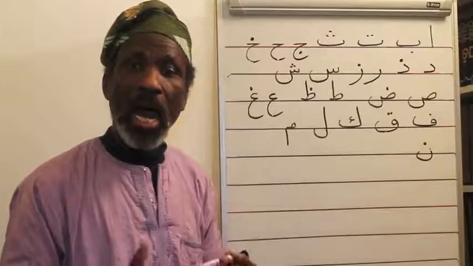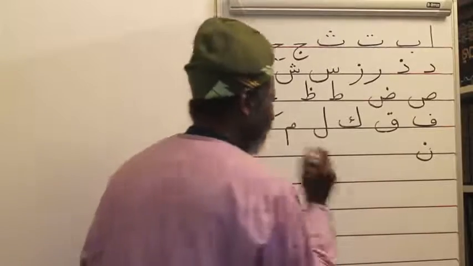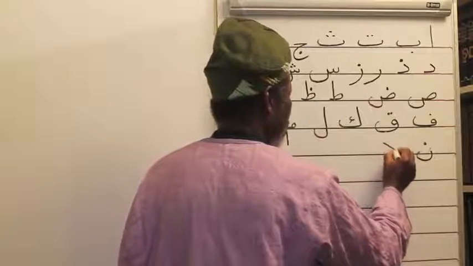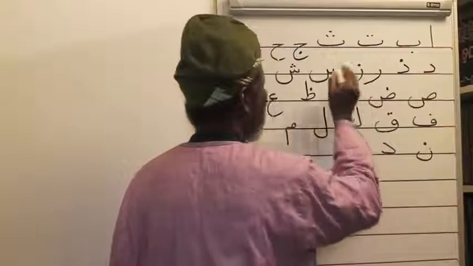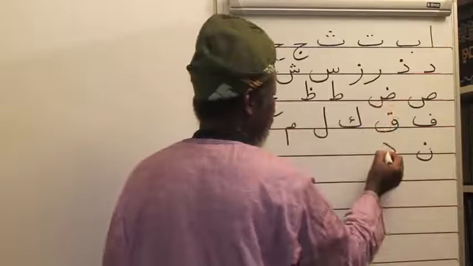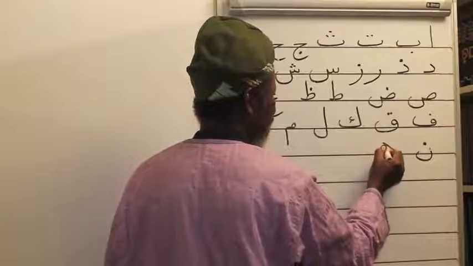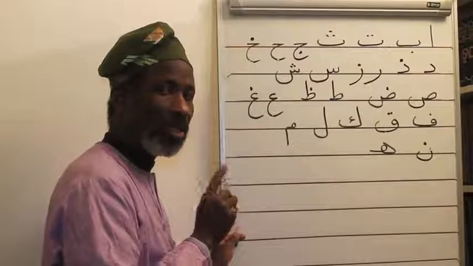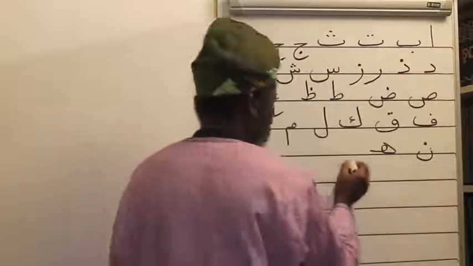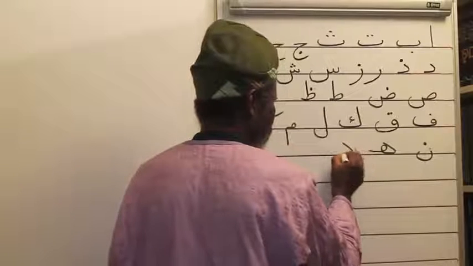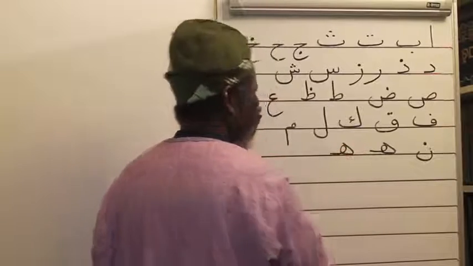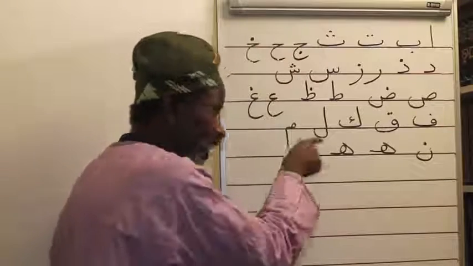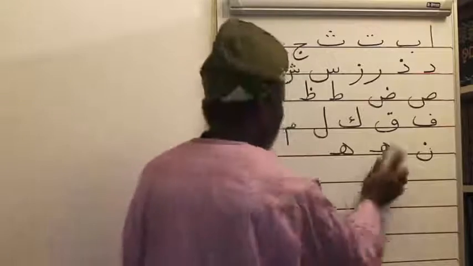Now is Ha. Let's see how we write that Ha. It's like a combination of this Dal, and then you go inside. That's your Ha. I'm going to do it again and then show you another one. Now, in isolated form, you will see that later on, you write it this way.